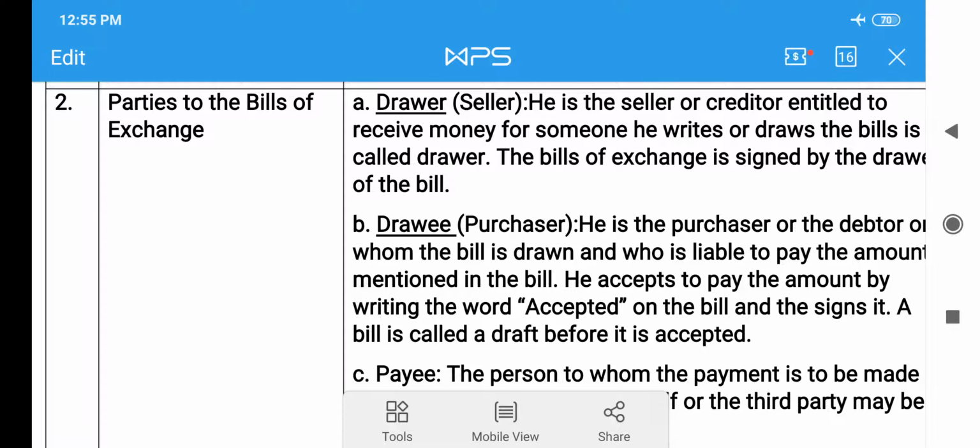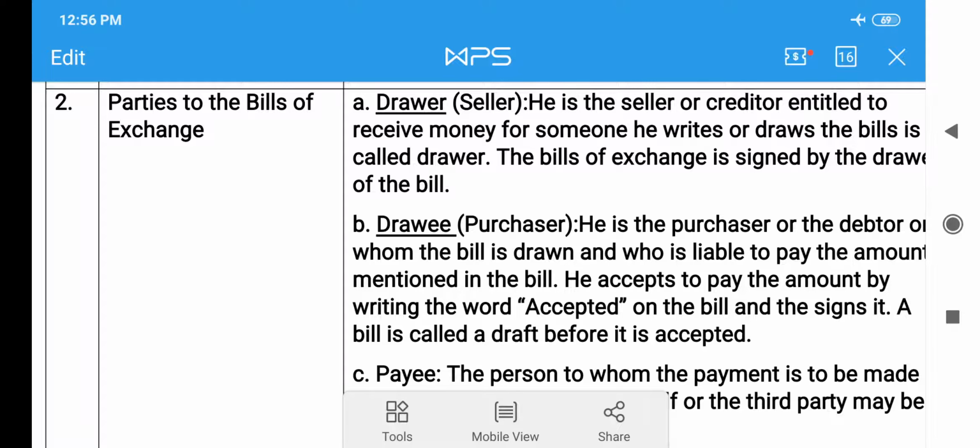As drawer is a new word for you, I have written the second name, that is seller. Suppose we take an example, X sold goods to Y. Now in this there are two parties, X and Y. So here X will become the seller because he is selling some goods, and Y will become the purchaser.